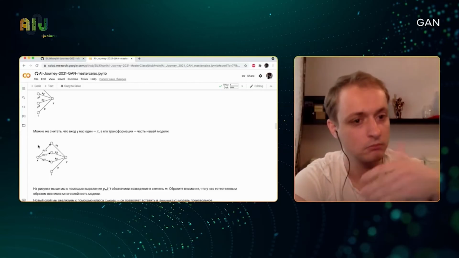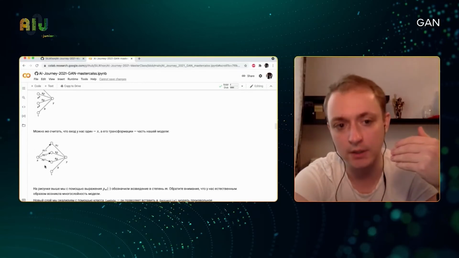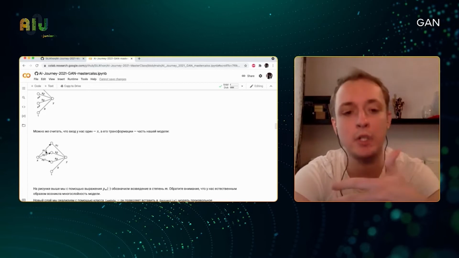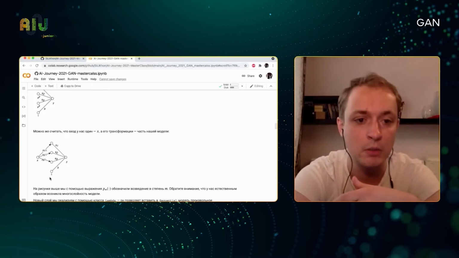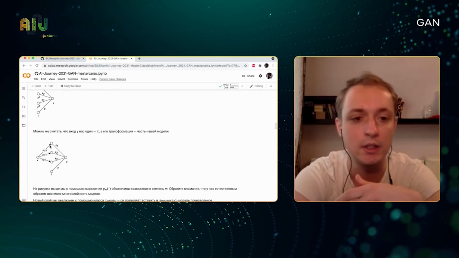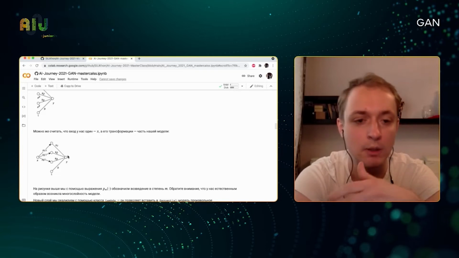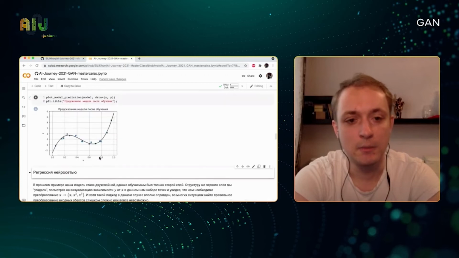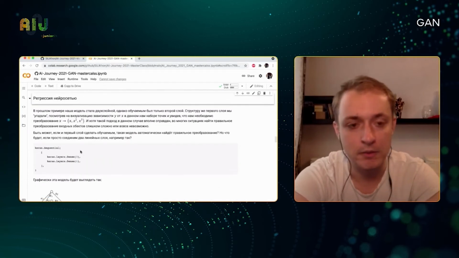Let's try the following. Let's put here a module. We'll try to train it at the same time, so that we would expect that the first model would find some good transformations, and the second one, the linear one, would form it into what we want to predict.